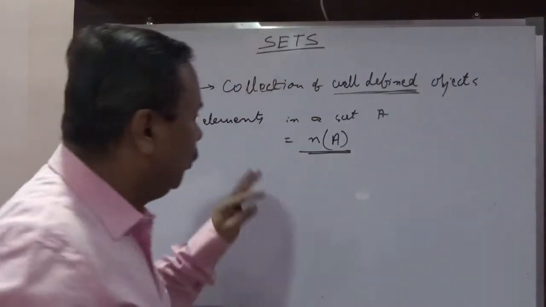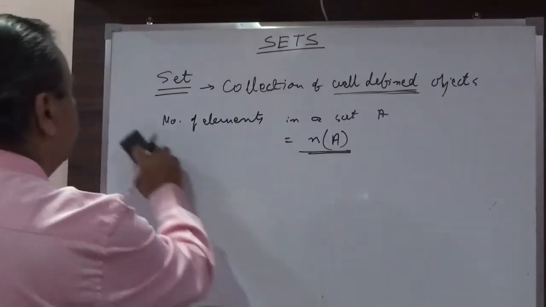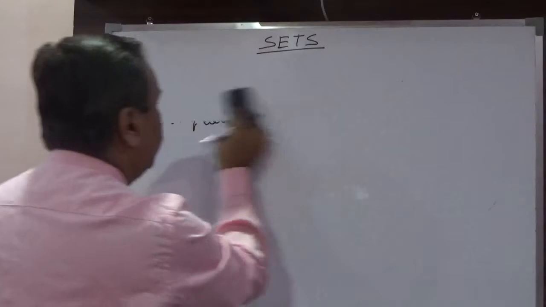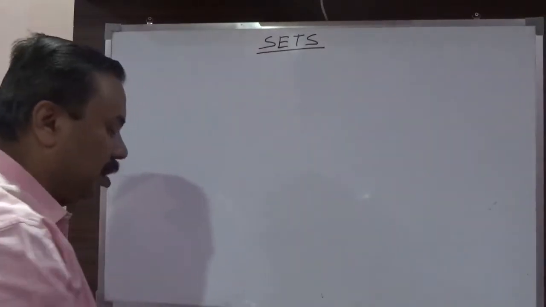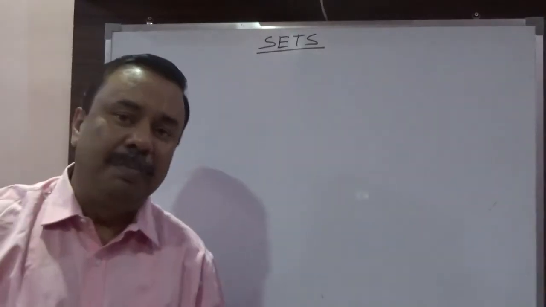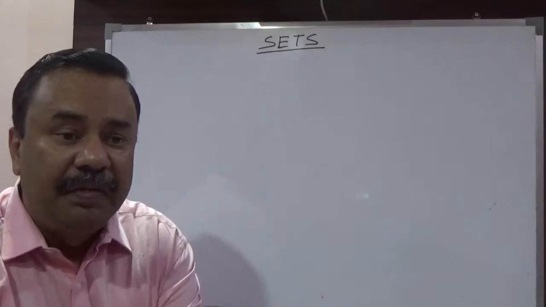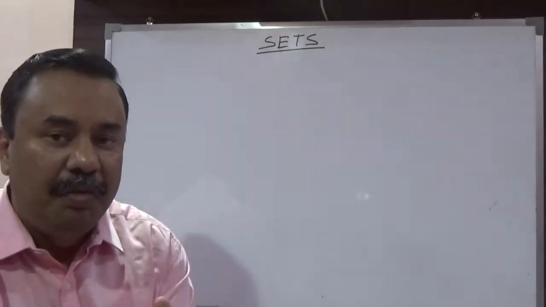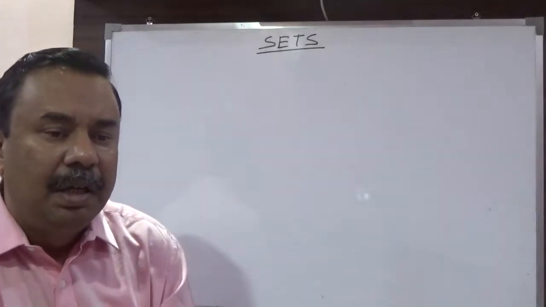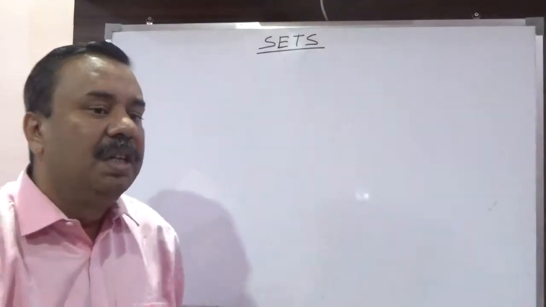Now how do we represent a set? Representation of sets is what? As I have told you, a set is a collection of well-defined objects. But what if you are given a definition? How will you make a set, or how will you arrange the elements of the set?